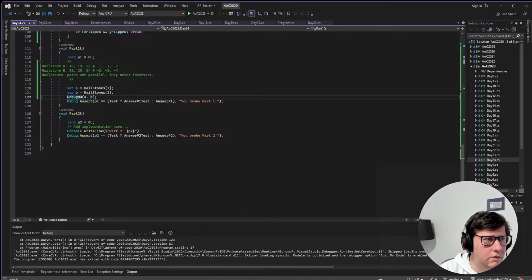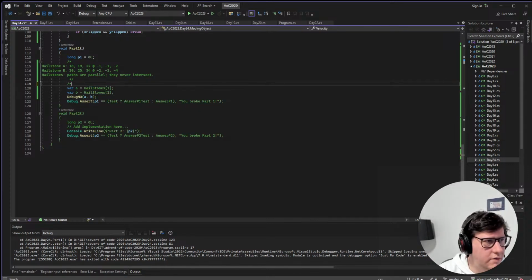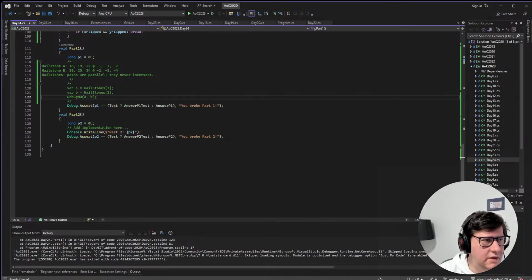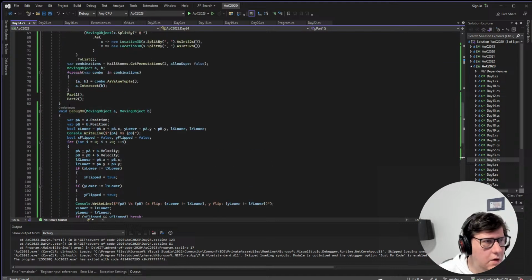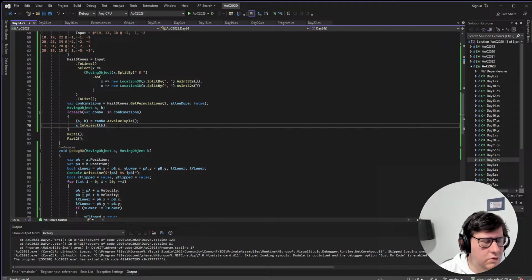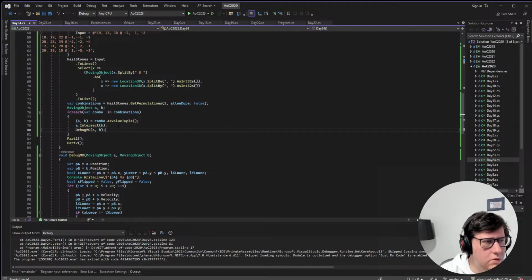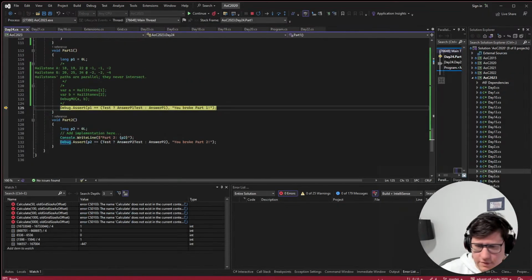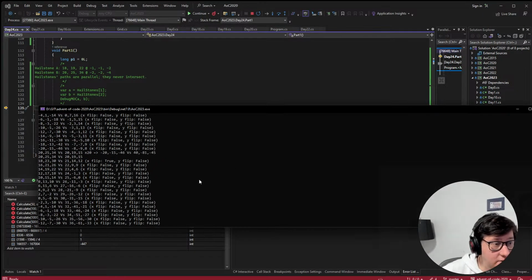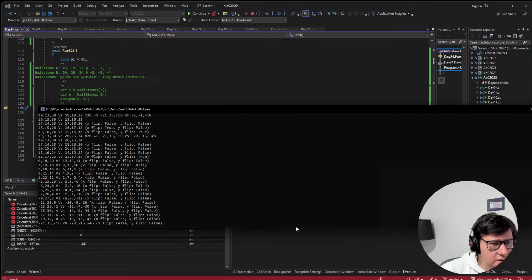So if I now do this for every one of them, let me see if I can make sense of this in the way that they do it. Sorry for all the debug printing, but I'm just trying to figure this stuff out in my head and make sense of it. Let's see.